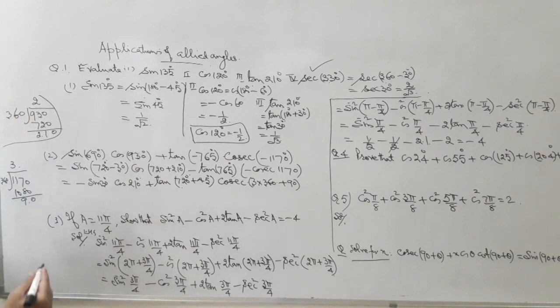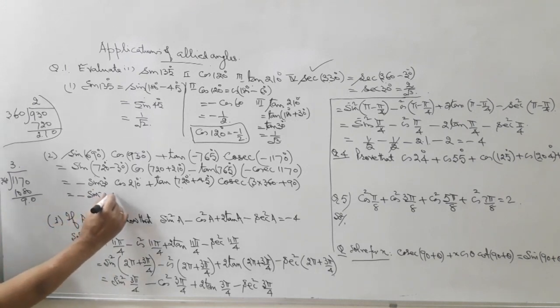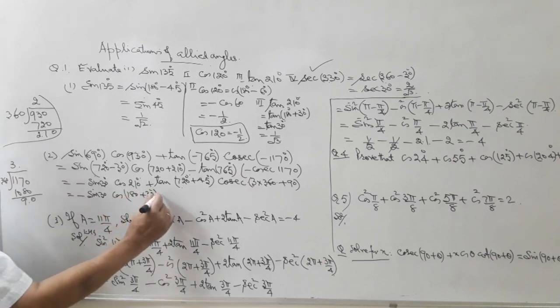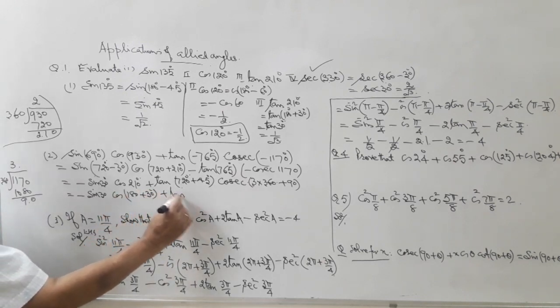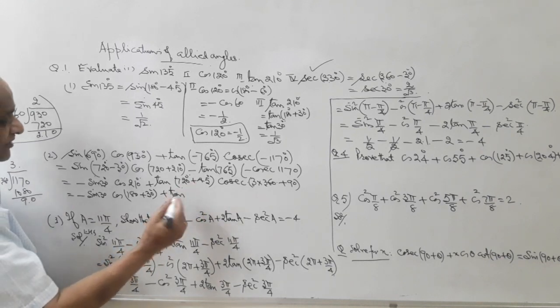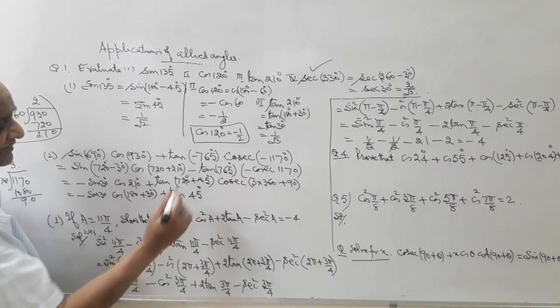Now this will be equal to minus sine 30, then it is cos 180 plus 30, then plus tangent of 720 plus theta. You can keep it as it is or you apply here tangent 45 degrees.